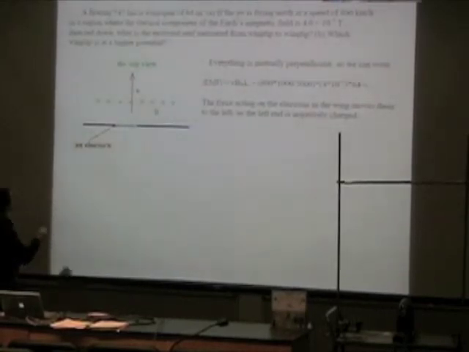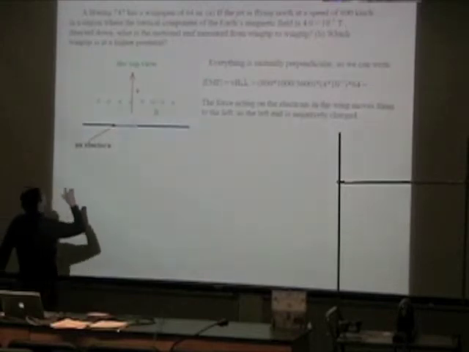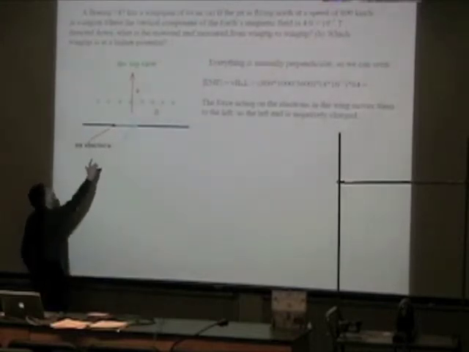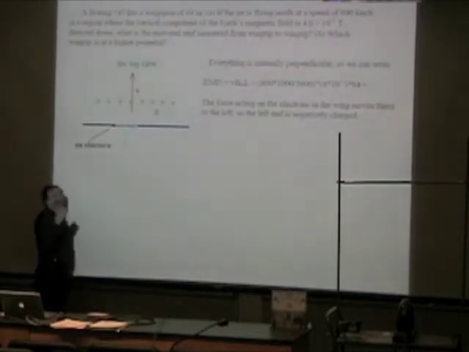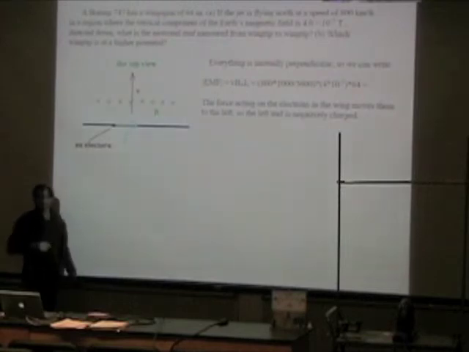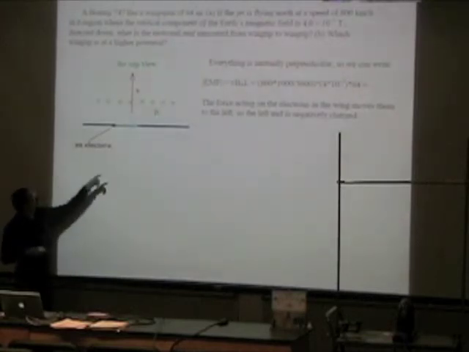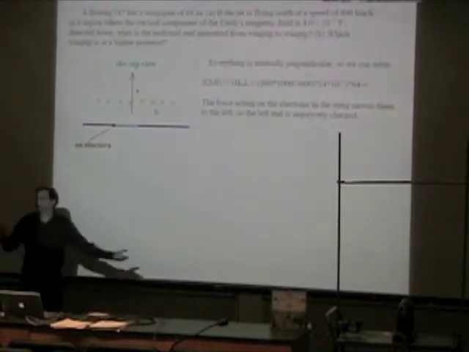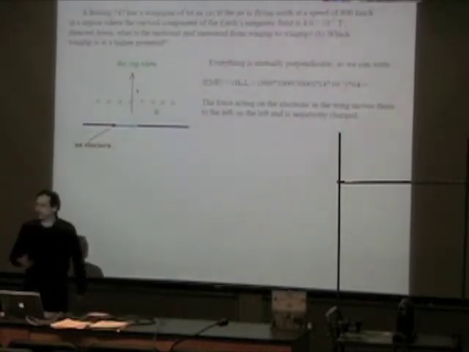Here in this situation, the magnetic field again points into the screen, velocity points up, so fictional positive charges would be moving to the left, electrons actually moving to the right. So we have a potential difference, high potential, low potential, and the electric field generated across the wing points to the right.